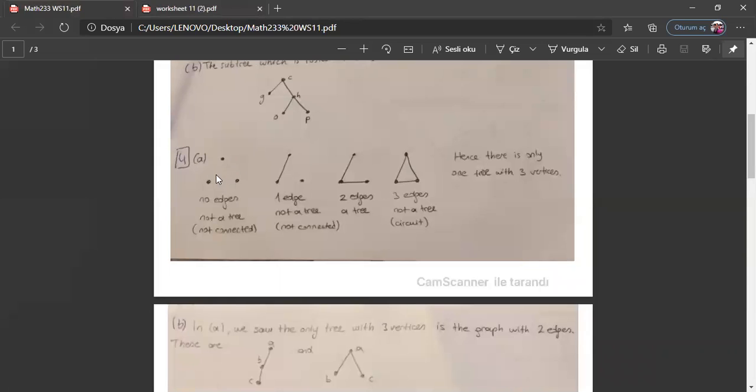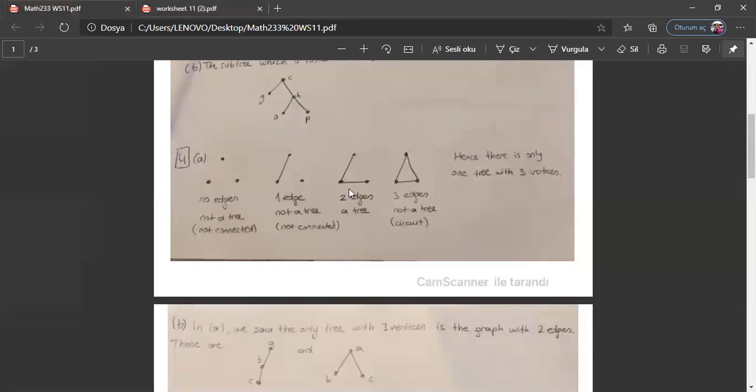The graphs with 3 vertices that have no edges are isomorphic to this one, right? And with 1 edge, with 2 edges, and 3 edges. Now, this is obviously not a tree because it's, for example, not connected. And this is also not connected. This is not connected either, so it's not a tree. We don't care about it.